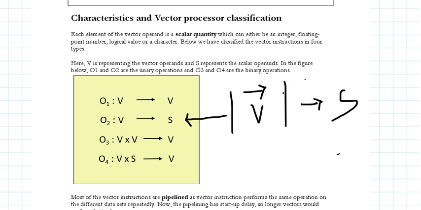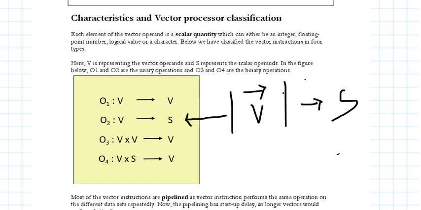Then if you try to find the cross product of two vectors, then output is again going to be a vector, right? Then in this operation, your inputs are two vectors and output is also a vector.